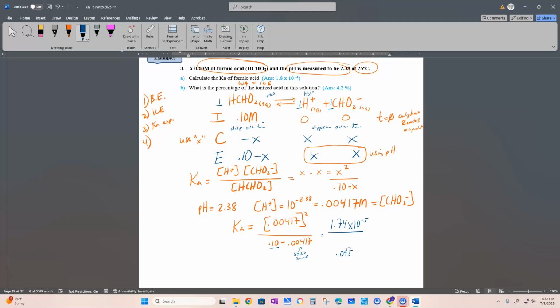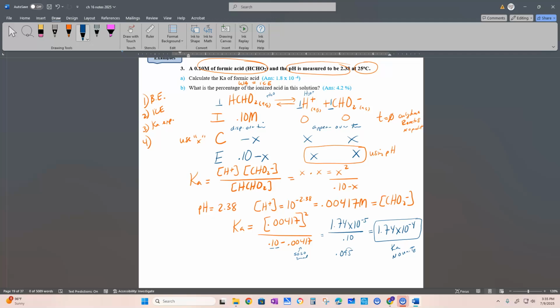This 5 is going to round it up. And look right there, practically nothing. So I'm going to take that 1.74 E button, negative 5, divide by 0.10, and my Ka value was 1.74 times 10 to the 4. Now, K values, just like Kc and Kp, Ka values have no units. Okay, no units, no units.